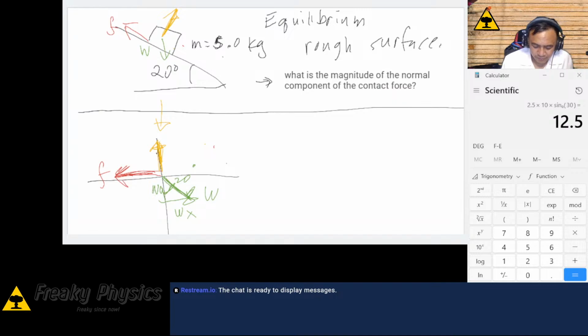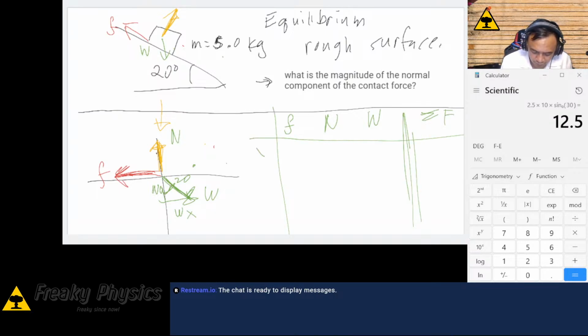Okay, so we set up our table. What do we get? Friction, and, oops, I forgot that label, N and W, and then sum of forces right here. Okay, and again we do X and Y. This is going to be minus F, then 0.